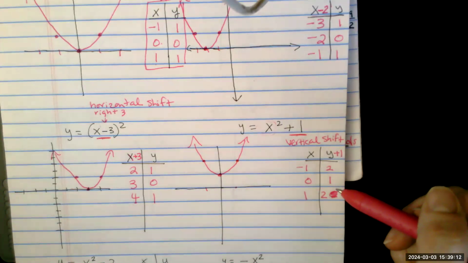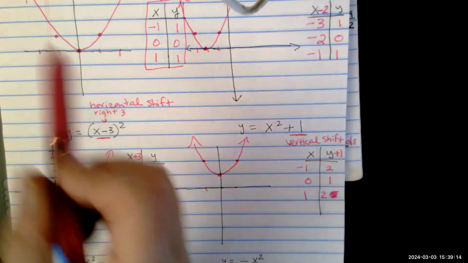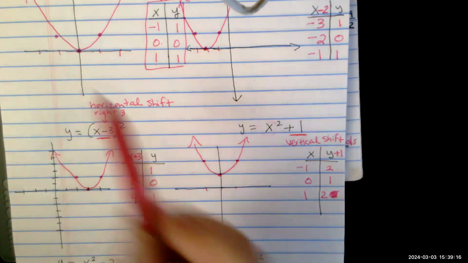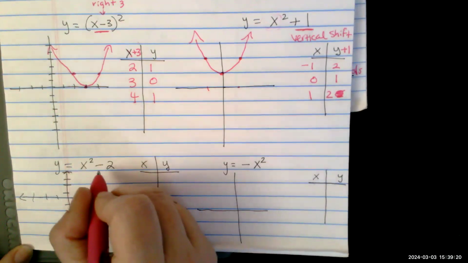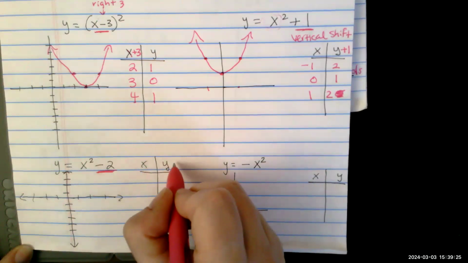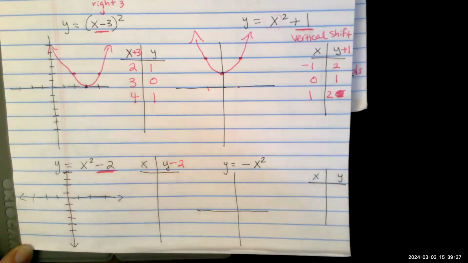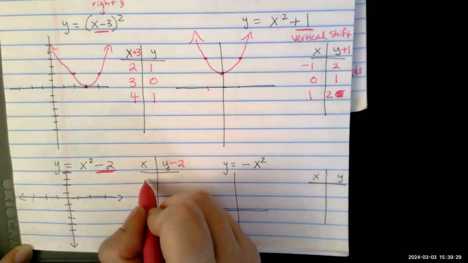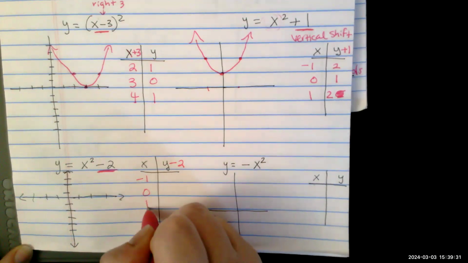All right. So again, could you have just taken your original and just moved the whole thing up 1? Yes. But I just want to make sure you know how to do it with the chart. So outside, that means vertical. So this is a vertical shift. And so I just do exactly what I see to the y. X's stay the same, -1, 0, and 1.